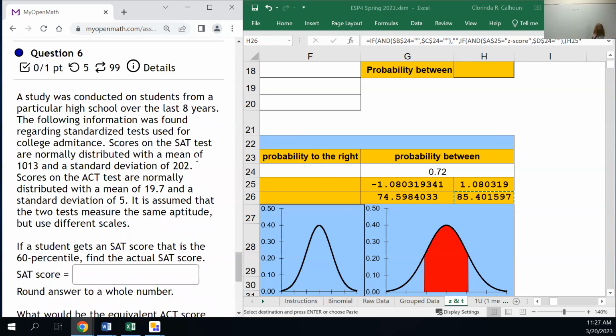It says for question 6, a study was conducted on students from a particular high school over the last 8 years. The following information was found regarding standardized tests used for college admittance. So here's the SAT and the ACT, and it gives you all of the mean and standard deviation for both. Okay, so the SAT has a larger number than what the ACT has, and that's why we need to compare them using Z-score.